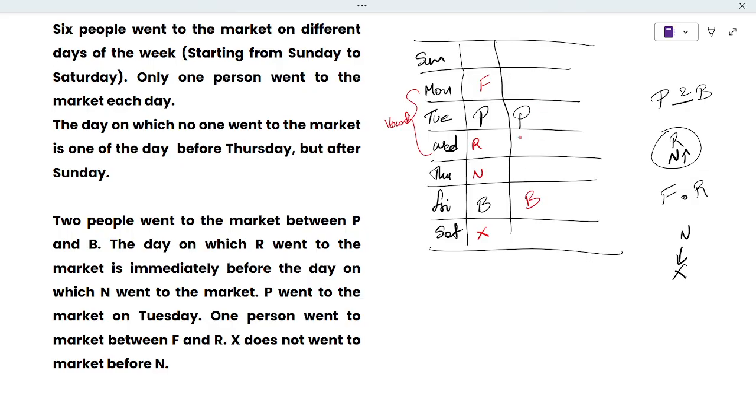Because we took R and N here. Can we take R and N here? Let's give it a try. Day before Thursday but after Sunday. So here F. Alright, I think this is possible.